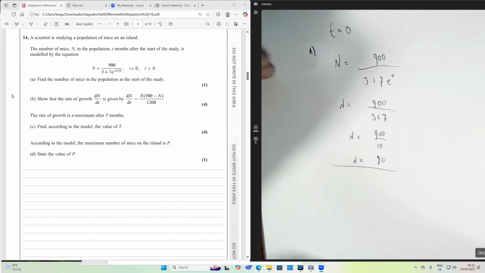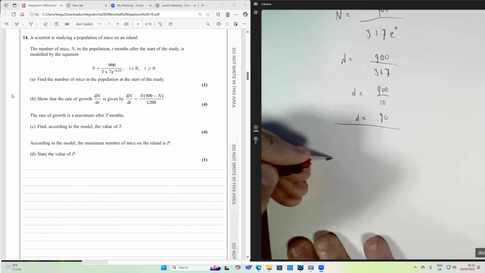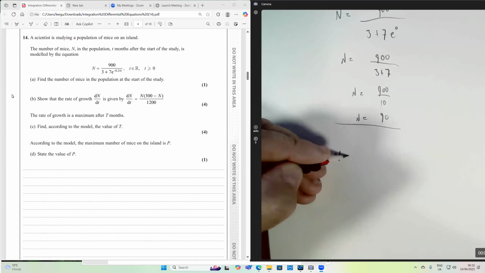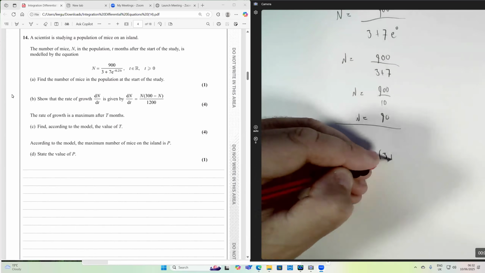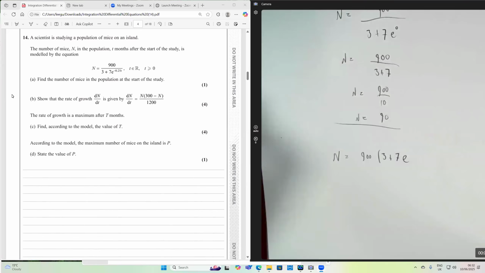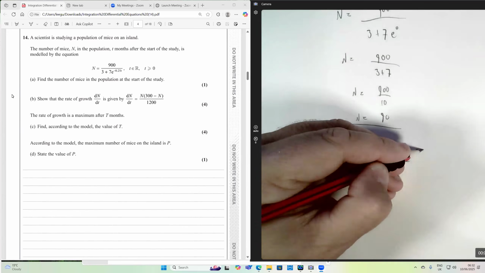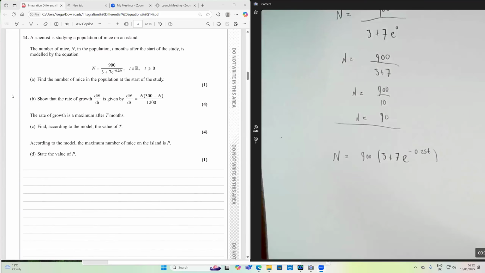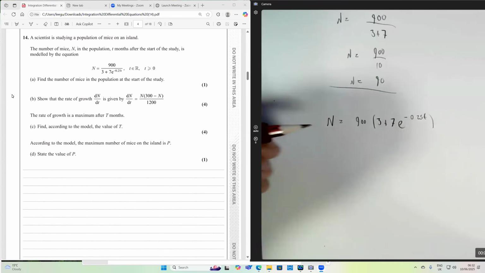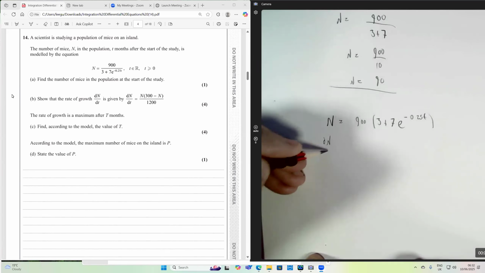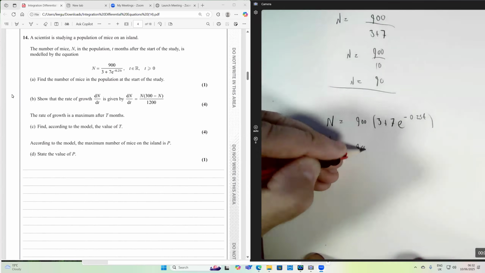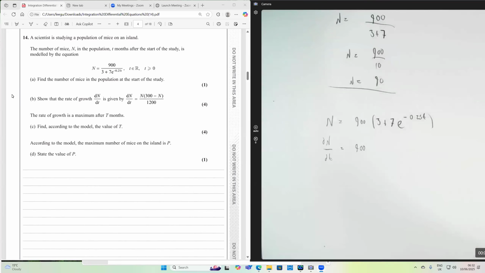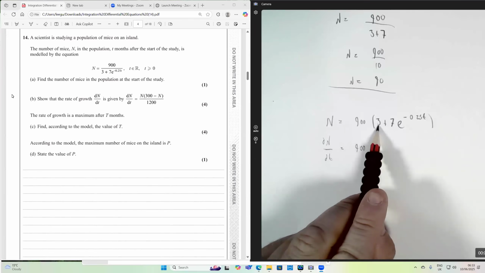Show that the rate of growth dn by dt is given by that expression. So I think first of all, let's write n as 900 times by 3 add 7 e to the minus 0.25t. I think that would be useful. And we're now going to differentiate this using the chain rule. So dn by dt is going to be 900. And when we differentiate this, the 3 is going to disappear.